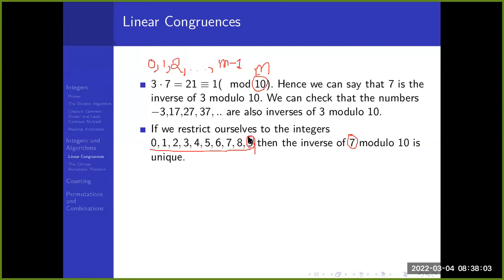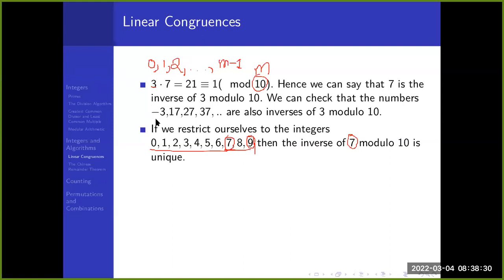That is the last integer we consider. So that way we are sure that we get a unique answer. The others will be correct if you want to use them, but if we stick to this set, then we get a unique inverse. So in this set, the only inverse for the number 3 modulo 10 is 7. So you'd have to go outside this set.